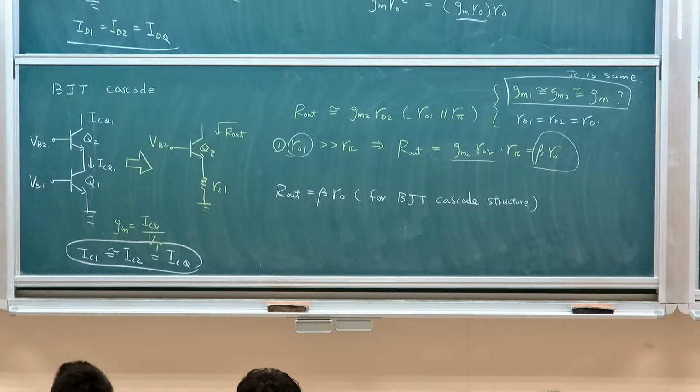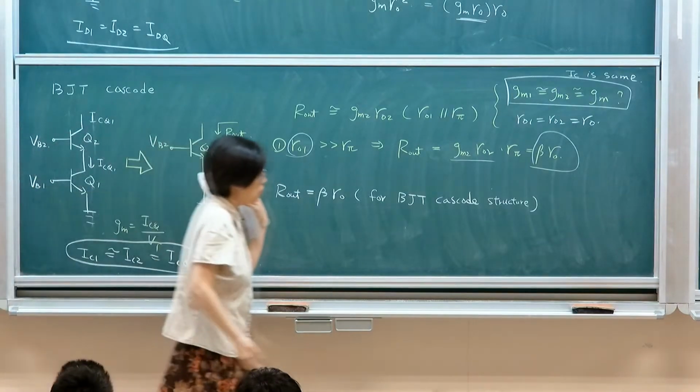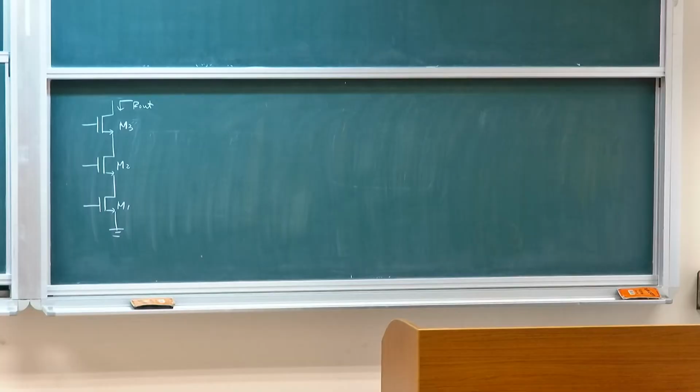Can I stack 3? OK. So what happens if I stack 3 for the above solution? I'm just assuming they have the same parameters. I just want to give you a sense of the limitations of these two.